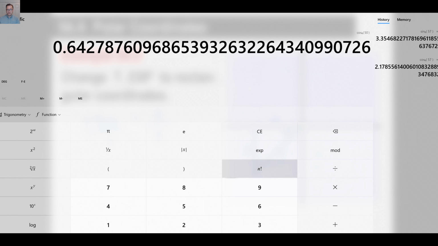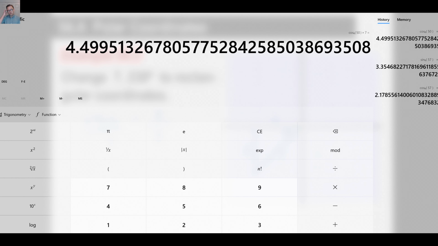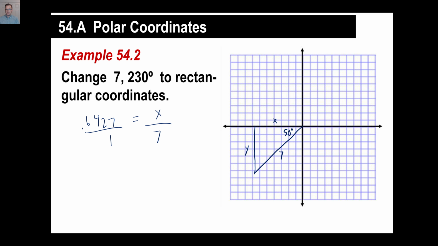So 50 degrees, cosine, and then times 7 equals, we'll call it 4.5. So this will be 4.5.